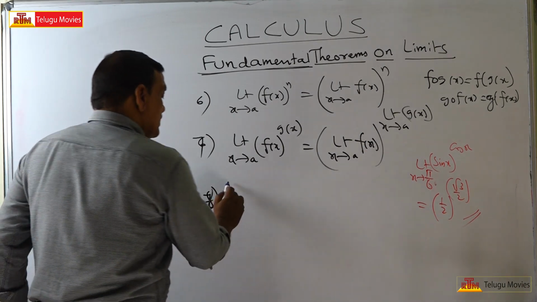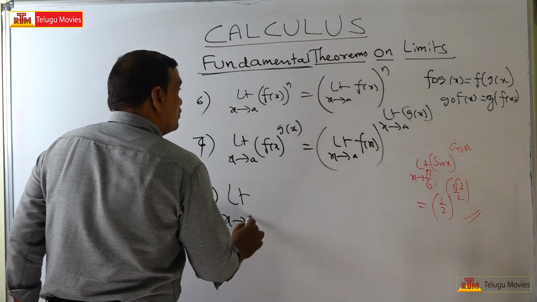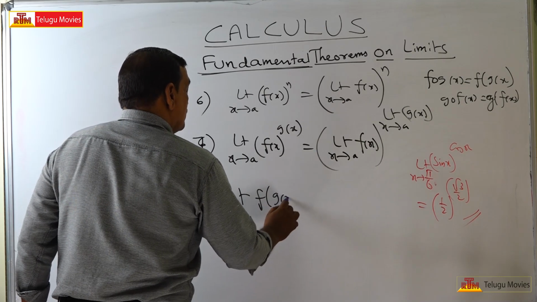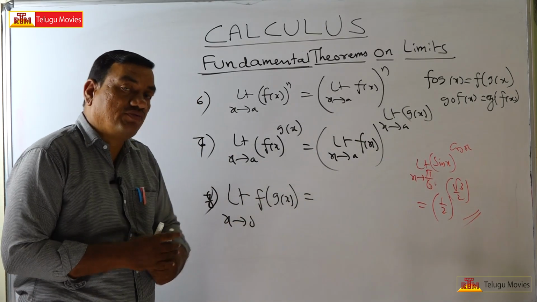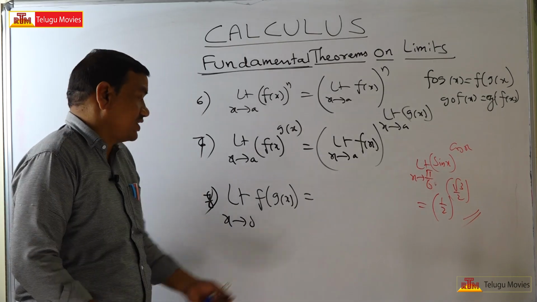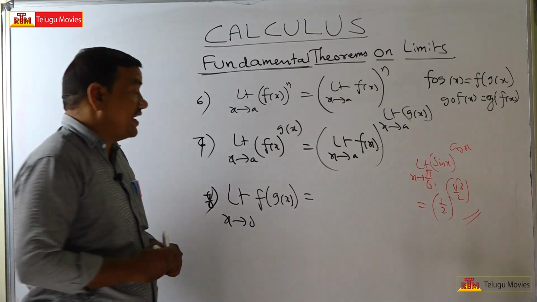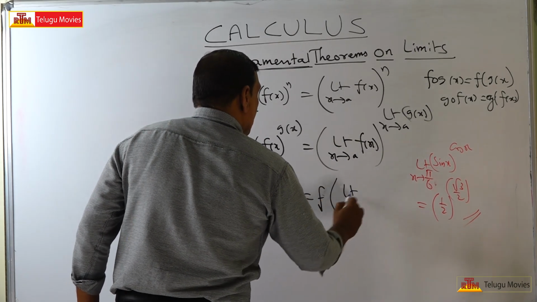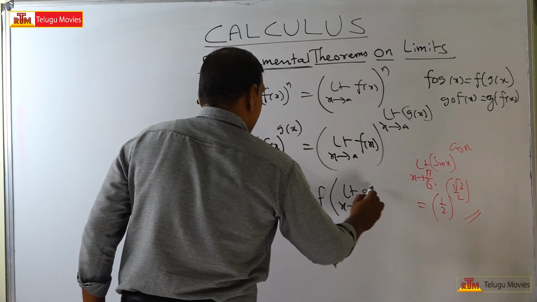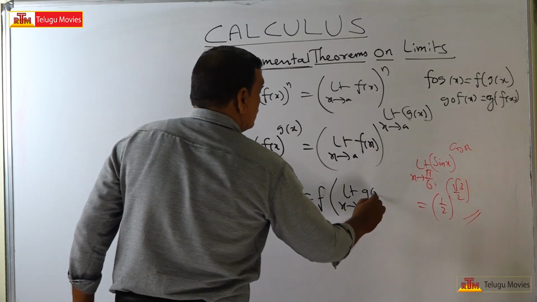Now, that is equal to limit as x tends to 0 of f of g of x. It is a composite function, which is a product function, already explained in the function chapter. So this can be written as f of limit as x tends to a of g of x.